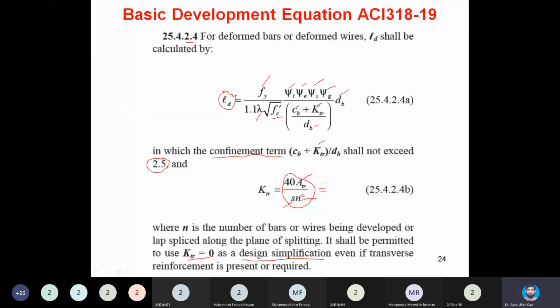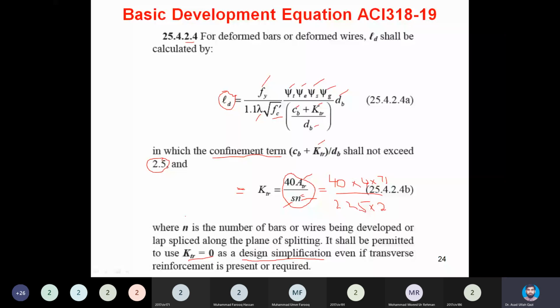So just for taking one analysis, I am selecting 40 into 4 into 71, what I assumed on the next slide, divided by spacing, suppose it is 225, and there are 2 bars under investigation. How much will then be the KTR? I selected 4 bars, each of area 71.